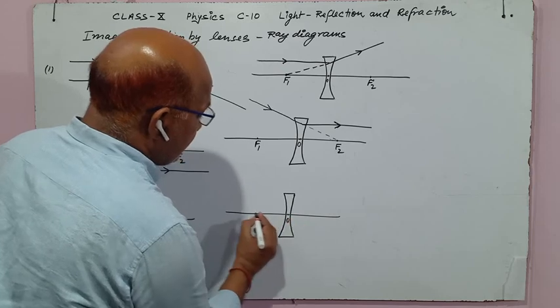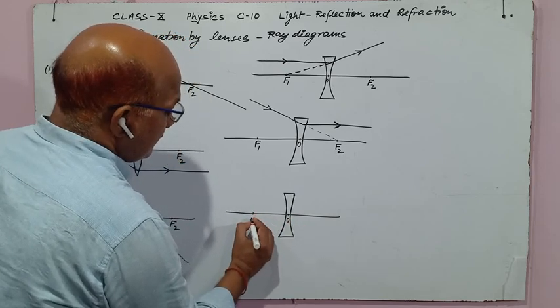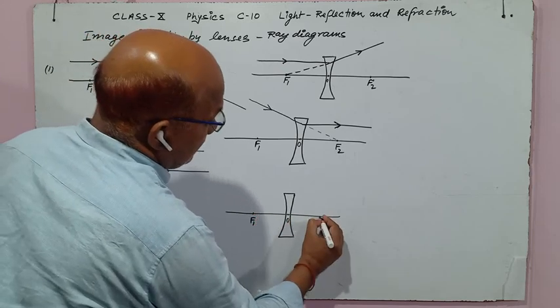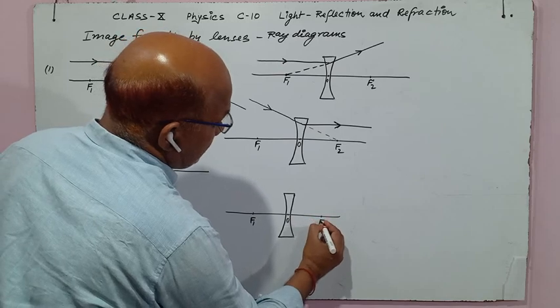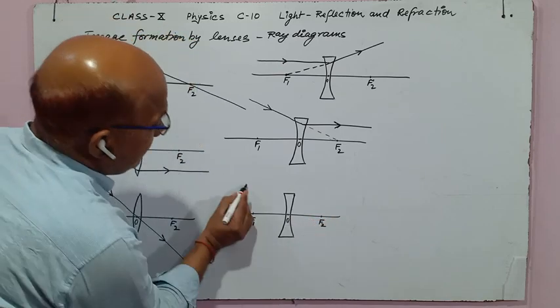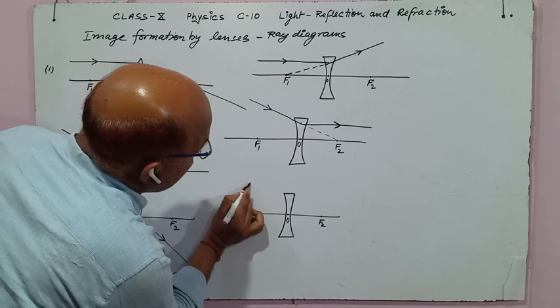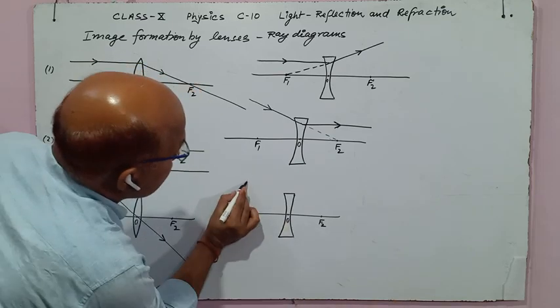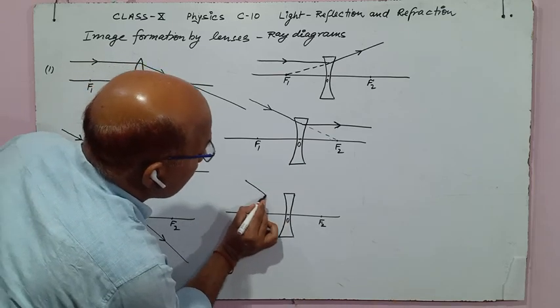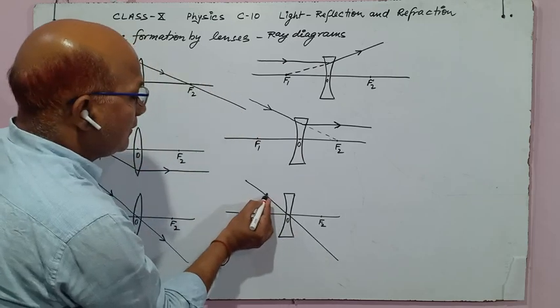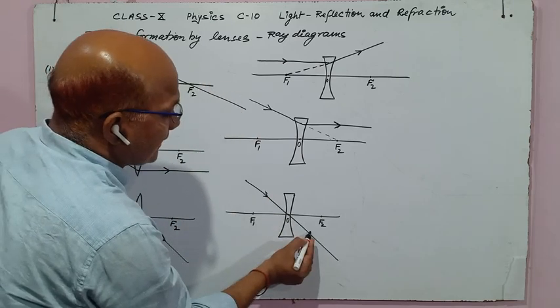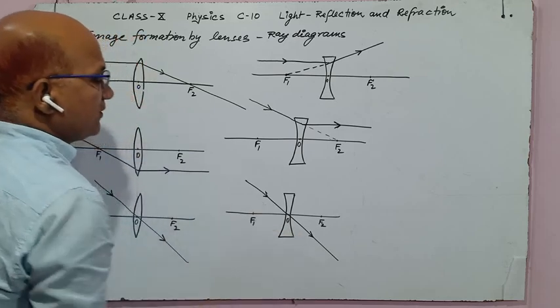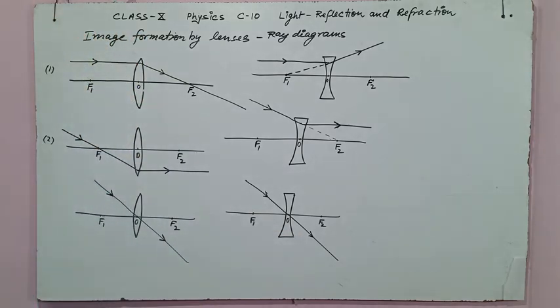This is optical center, this is focus, this is also focus. This is ray of light which is passing through optical center. So it passes without any deviation. So this is third rule.